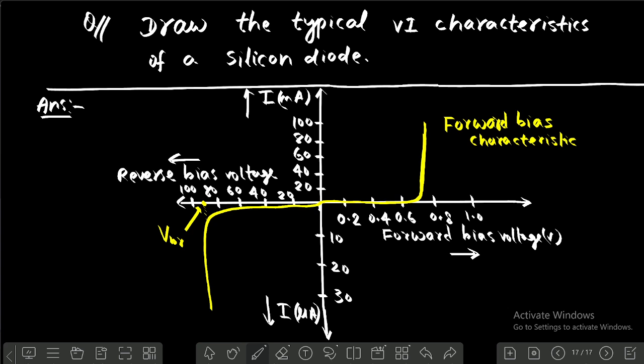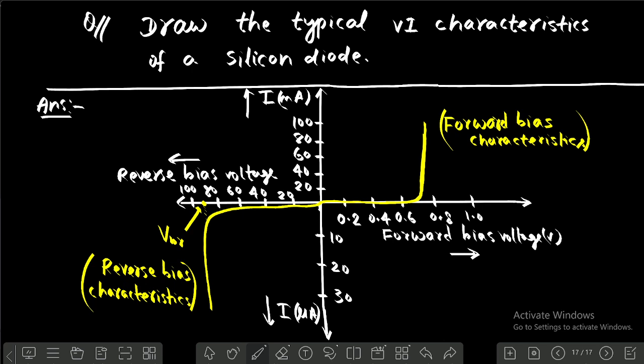This diagram you have to draw, in yellow color. Here you write, this is your reverse bias characteristics, and this one is your forward bias characteristics. Reverse current will be in microampere, forward current in milliampere.